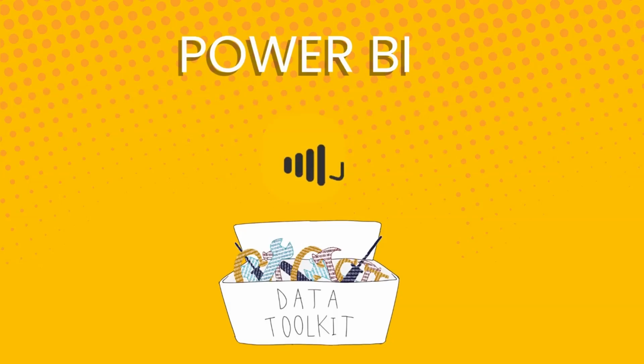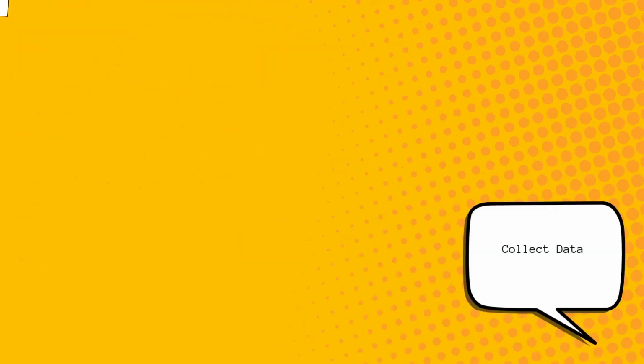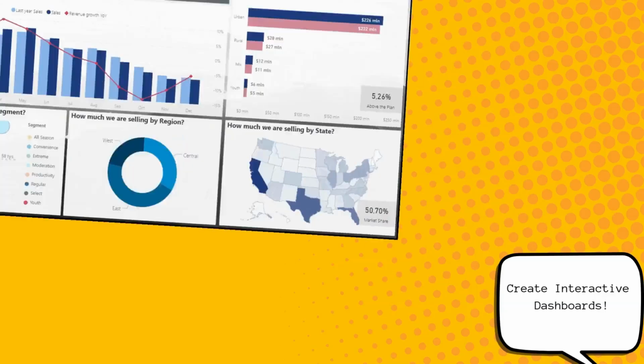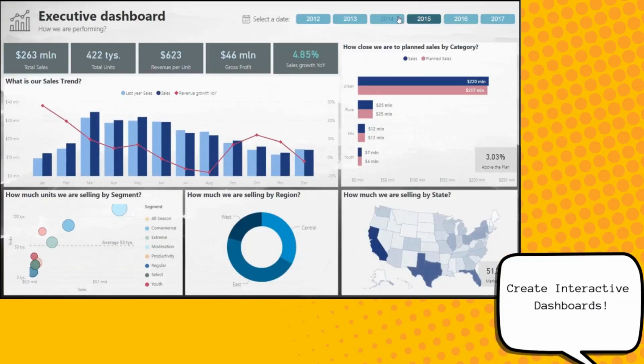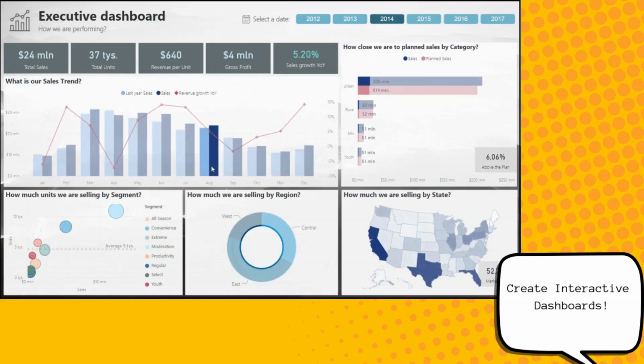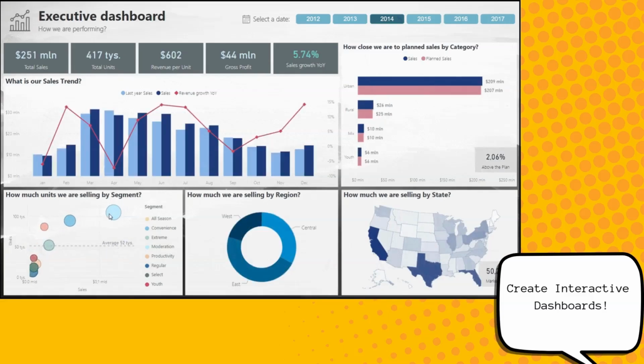Think of Power BI like your ultimate toolkit for data. It helps you collect data, organize it, and turn it into neat interactive reports and dashboards. You can visualize trends, track performance, and get all the insights you need in one place.